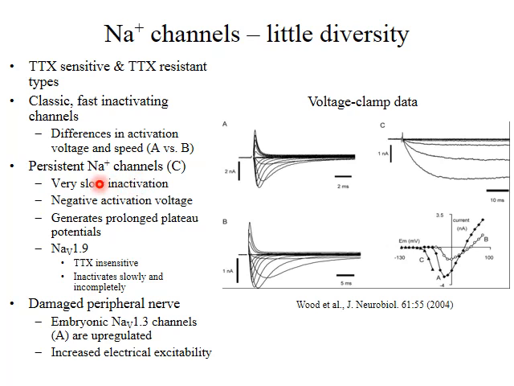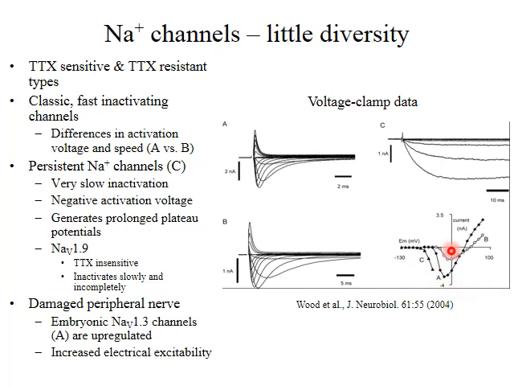There is one type of sodium channel that differs quite dramatically from the fast inactivating channels that we have been talking about. This is a persistent sodium channel. The voltage clamp data is shown here, and as you can see, this channel doesn't inactivate, or in fact the inactivation is extremely slow. In addition, it activates at very negative voltages, that's shown here.